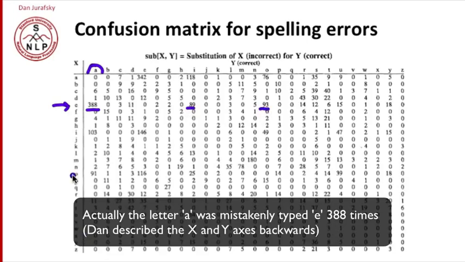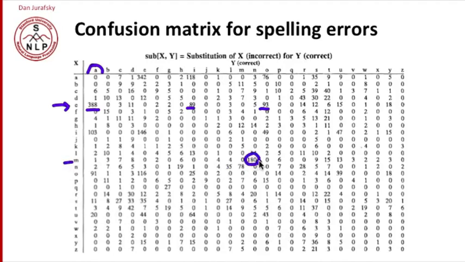Or similarly, the letter M very often gets mistyped as an N. So very high probability of M and N being substituted for each other. They're next to each other on the keyboard, they sound alike, lots of reasons for them to be substituted. So here's our set of confusion matrices, and we just compute 4 of them: one for substitution, one for insertion, one for deletion, and one for transposition.